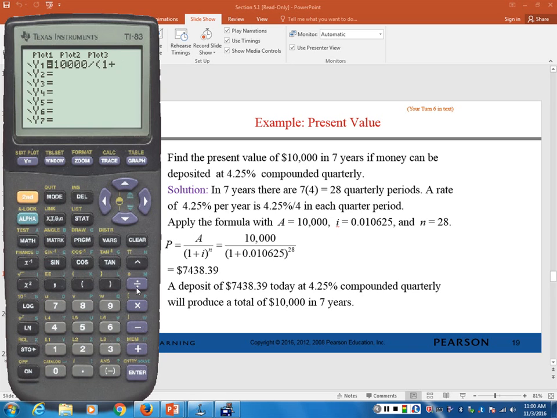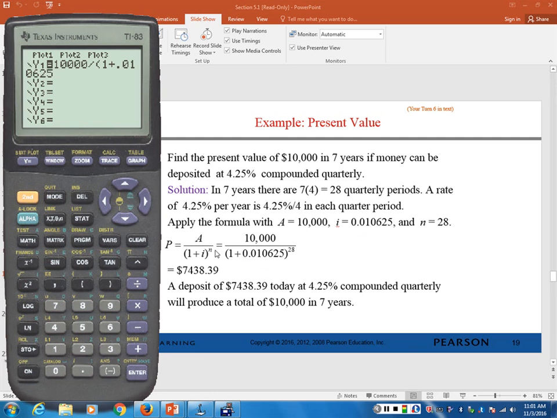And the interest rate isn't going to change. We could just put in the 0.0425 divided by 4, but I'll go ahead and take the actual divided out number, so that's going to be 0.010625.